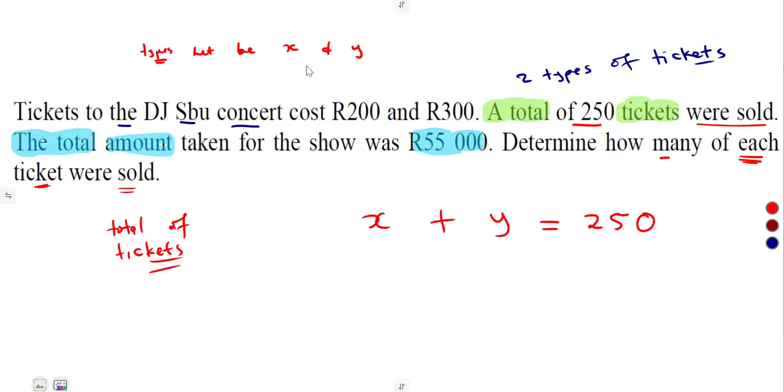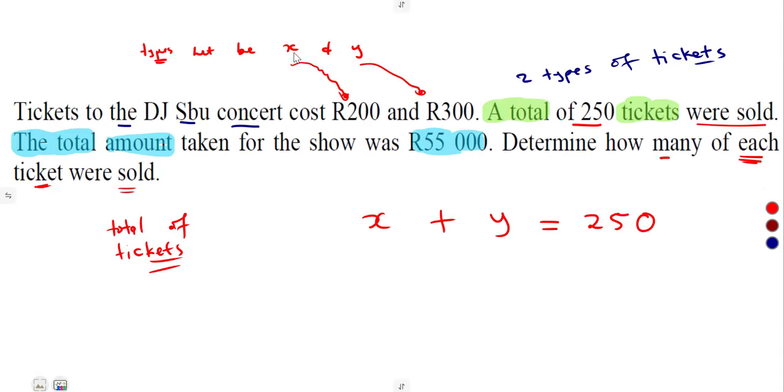So in our actual sense, the type X corresponds to the 200. We can say simply the 200 and the 300 so that you do not get confused. But here we are referring in terms of the type to say the X of the 200 Rand ticket, there are X of them of the type 200.